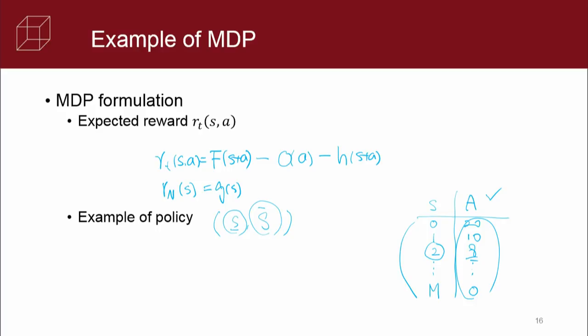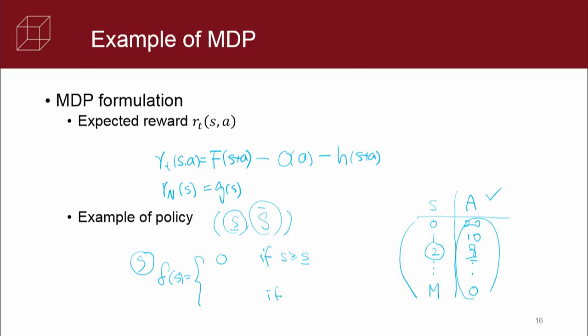So this policy can tell you how much you should order for a certain state S. The decision rule says, if the system state is greater than or equal to S under bar, you order nothing.